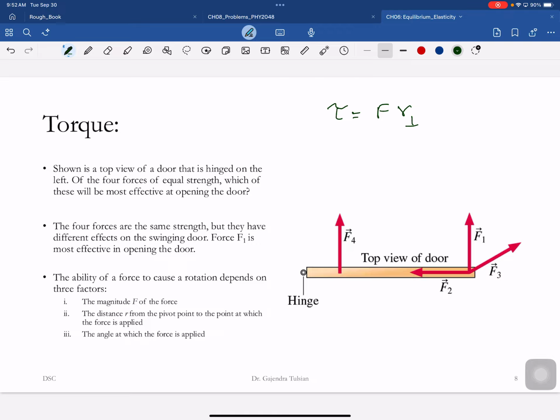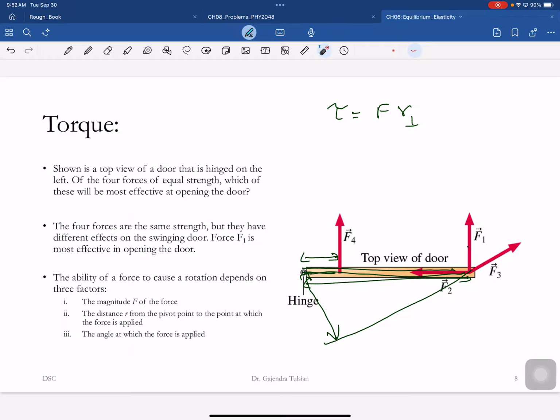For this force, the moment arm is that. For this force, the moment arm is this. For this force, the moment arm is 0 because it's going right through the hinge. For this force, the moment arm is that. So the moment arm for this force is the greatest, and that force is the most effective in opening the door.